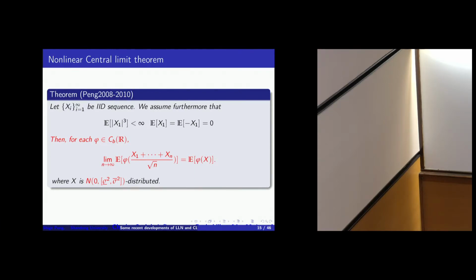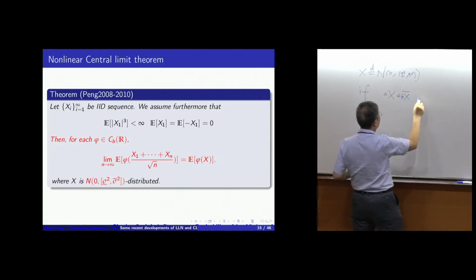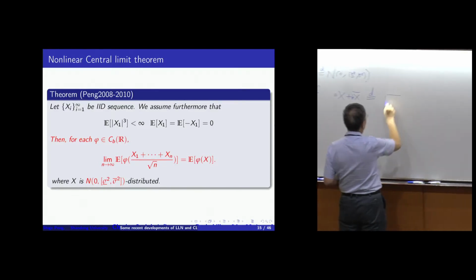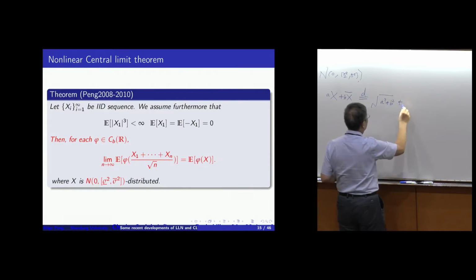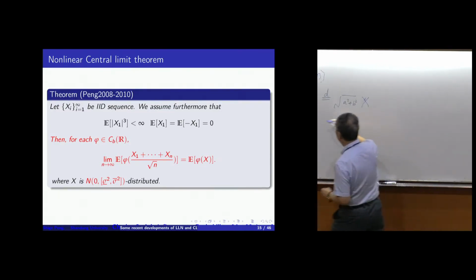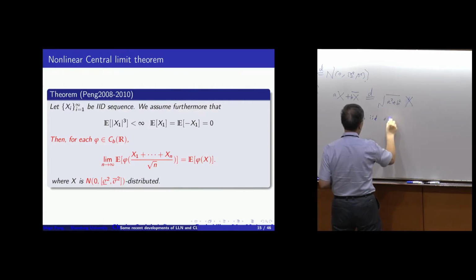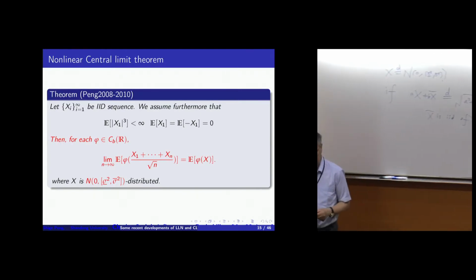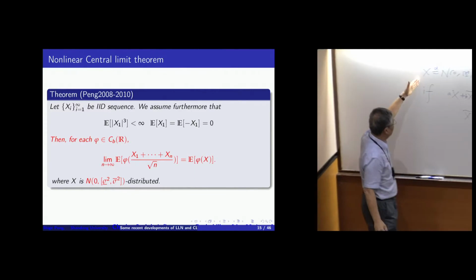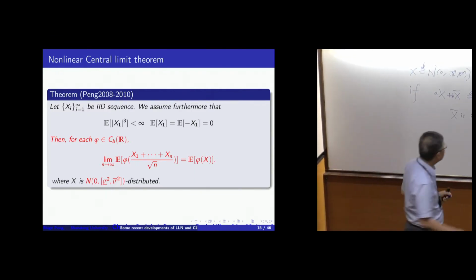In fact, what we say is that X is like Gaussian if X plus X bar, with a and b, has the same distribution as square root of a square plus b square times X, where X bar is independent of and identically distributed like X. So this is what we call this, and this is equivalent.